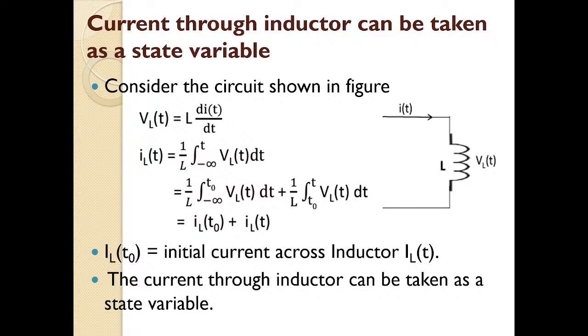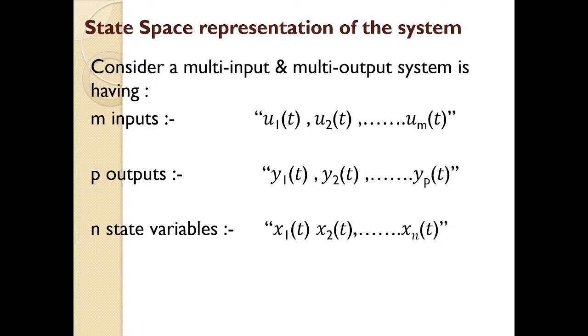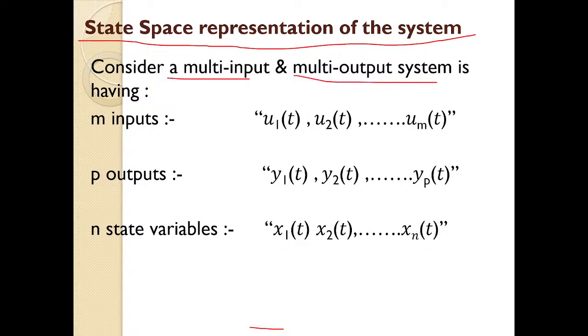Now let us see the state space representation of the system. Let us consider a multiple input and multiple output system. Let us assume there are m number of inputs, p number of outputs, and n state variables.